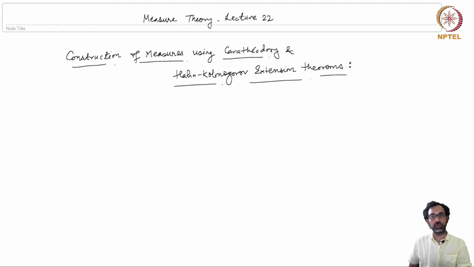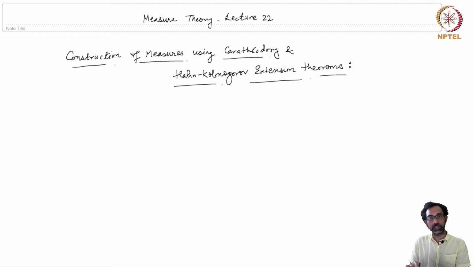We have seen how the Kara-Theodori extension theorem and the Hahn Kolmogorov extension theorem can be used to upgrade an existing outer measure or an existing pre-measure to a full measure, and using this prescription we can actually give many examples of new measures on the Euclidean spaces Rd and also other spaces.